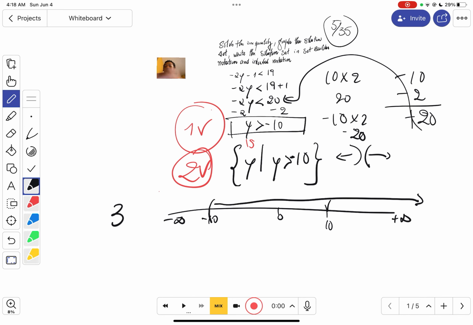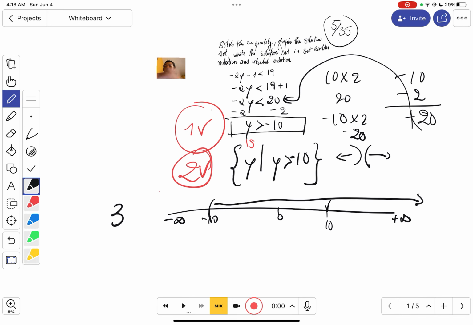Once the inequality is verified from a specific number, locate where it is on the number line. That's why it's really important to put negative infinity and positive infinity, so that you know which side you are on, and write your solution.